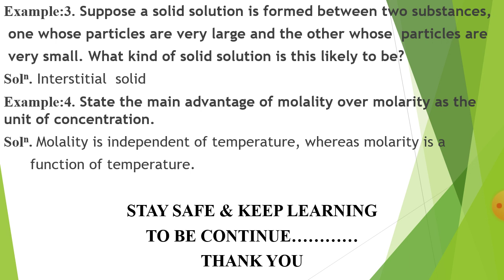I have told you solid solutions are of two types, substitutional solid solution and interstitial solid solution. In a substitutional solid solution, the solution is made between two components having similar sizes, but in an interstitial solid solution, the components have a large difference in size. Here also it indicates a large difference in size. That's why the answer is interstitial solid solution.